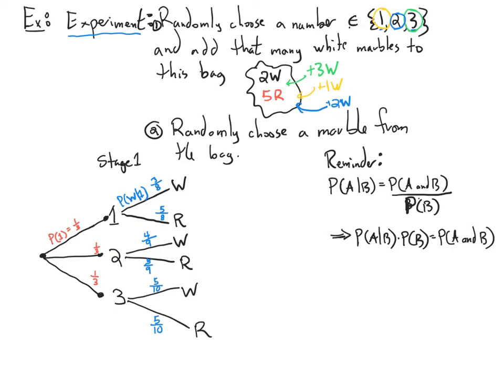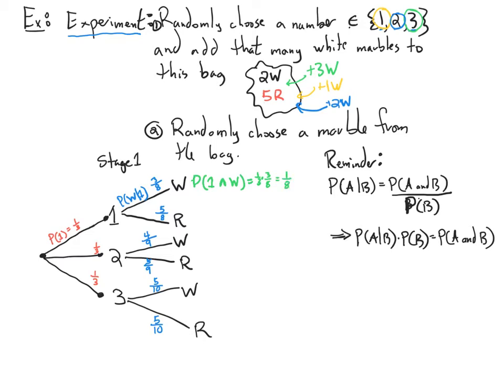Multiply along your branches. So we get the ands at the end, at the leaves. So the probability of picking a 1 and, or intersection, picking a white marble is 1/3 times 3/8, and you can check that that is 1/8.